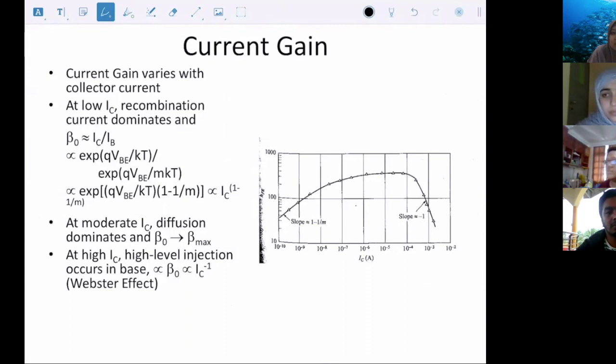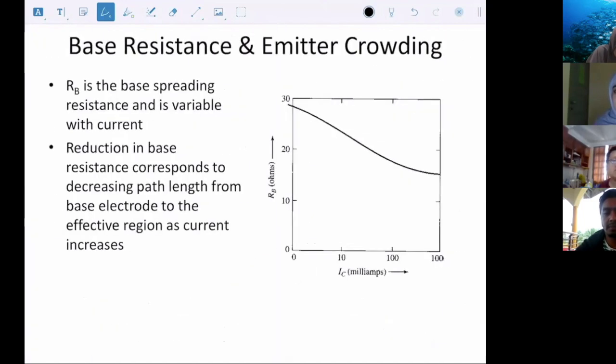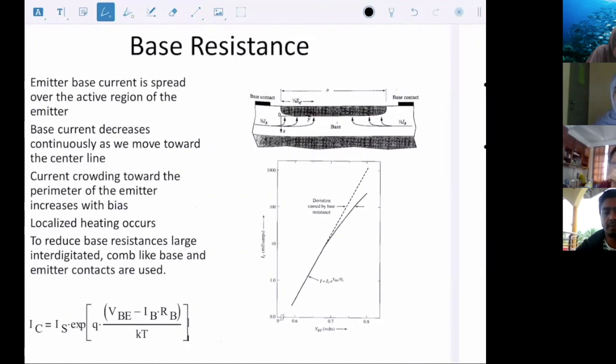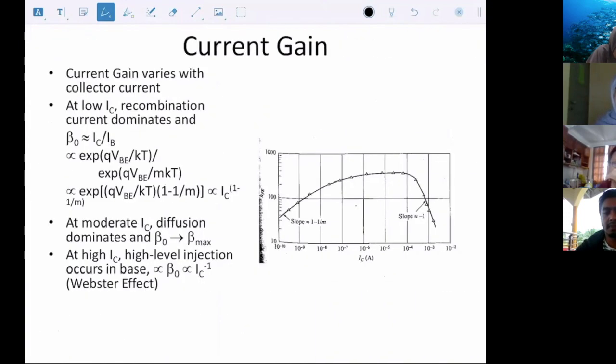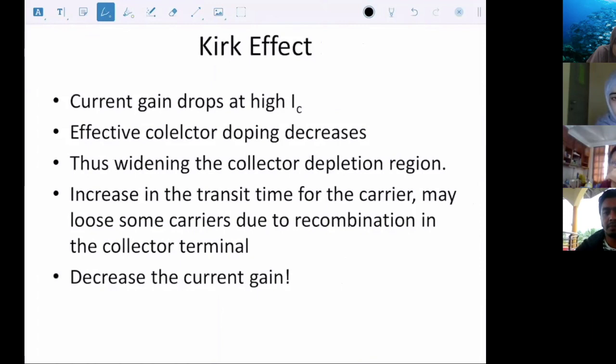We have a lot of time. Maybe we should end our class early today, because not much to cover. We only have a few more: base resistance, and then base resistance emitter crowding. This is not much. Current gain is together with the Kerr effect.